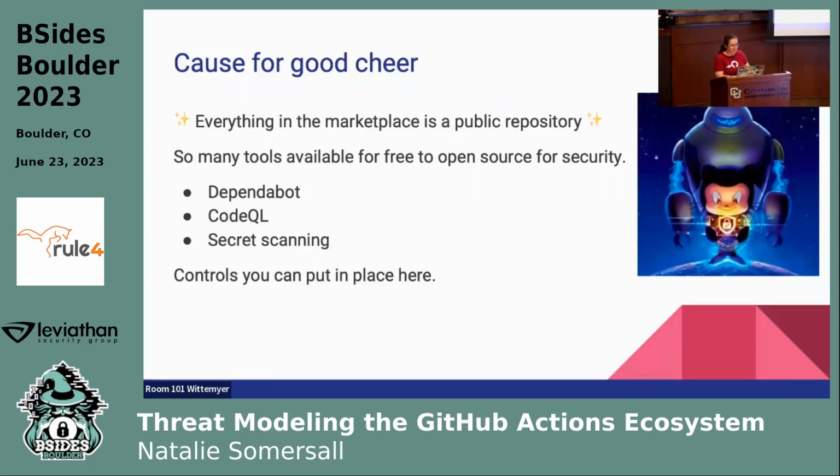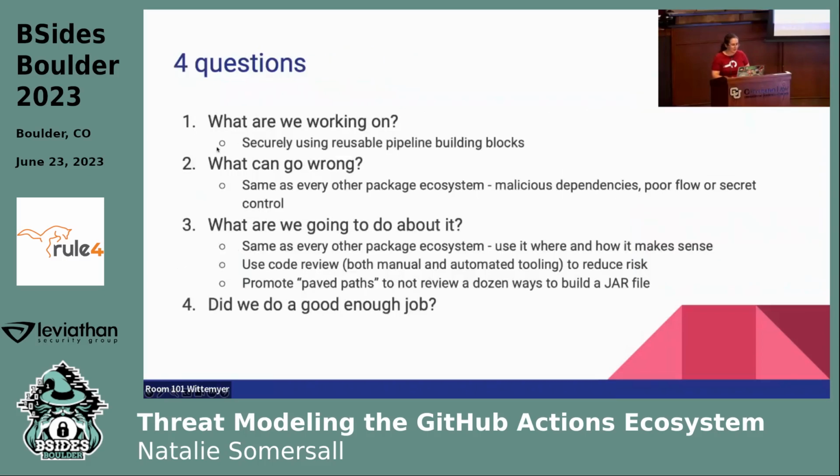And there are tons of tools that are free for open source for security, highlighting Dependabot for software composition analysis, CodeQL for static analysis, and secret scanning. But there are also a lot of other controls that you can put in place here. I'm going to keep moving a little bit because we're a little tight on time.